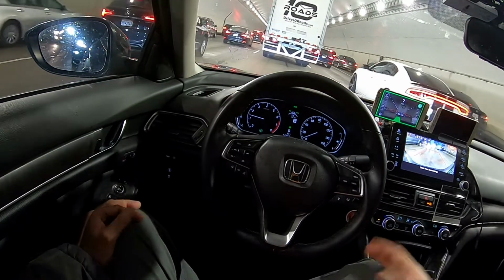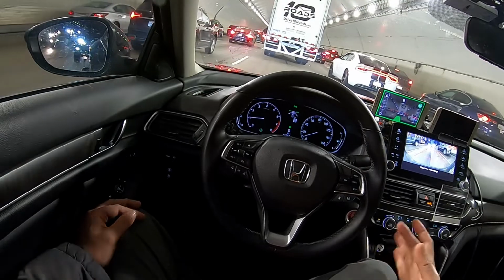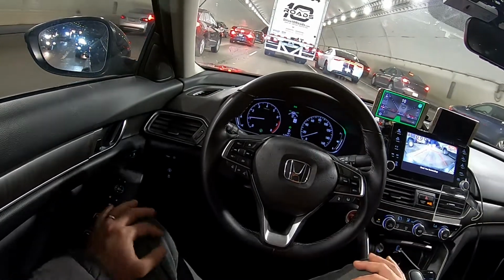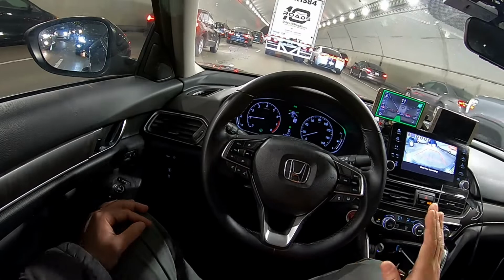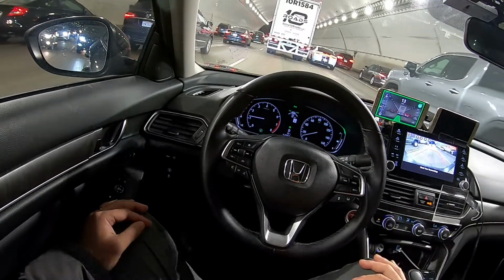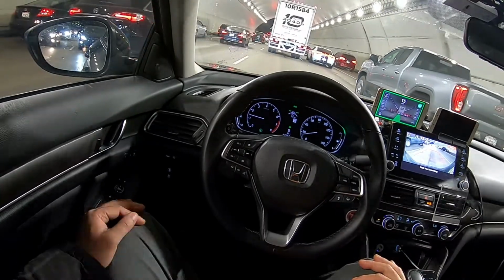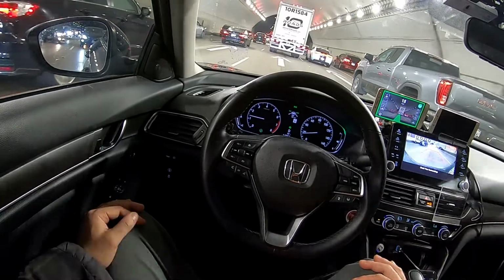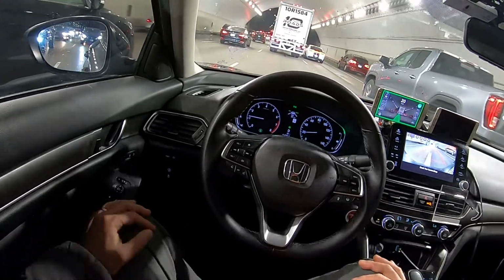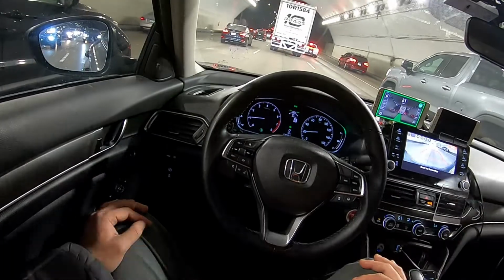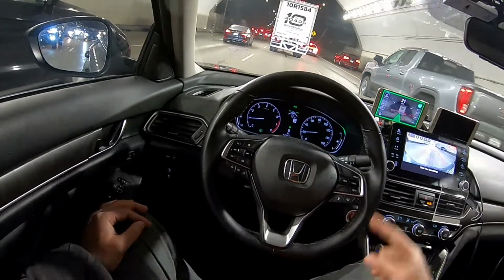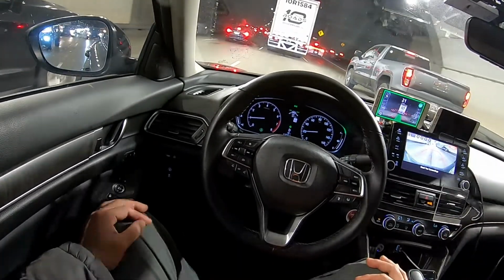Okay, I don't know if it's a San Francisco thing or an American thing, but they honk in the tunnel every time there's traffic in there, especially late at night. I like it. Too bad the truck didn't join in.